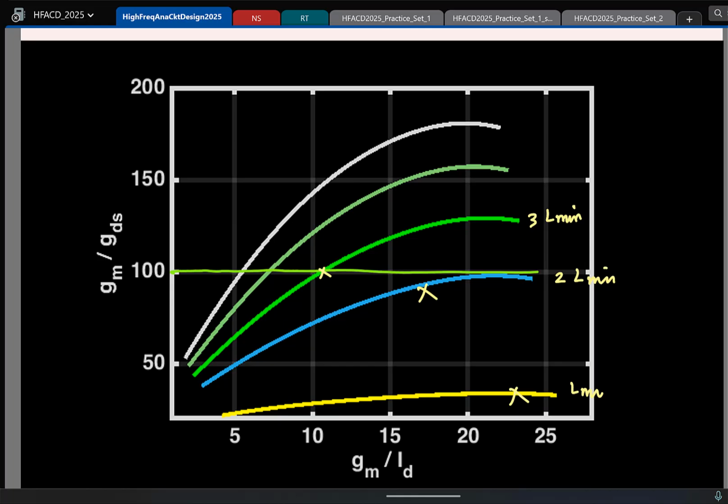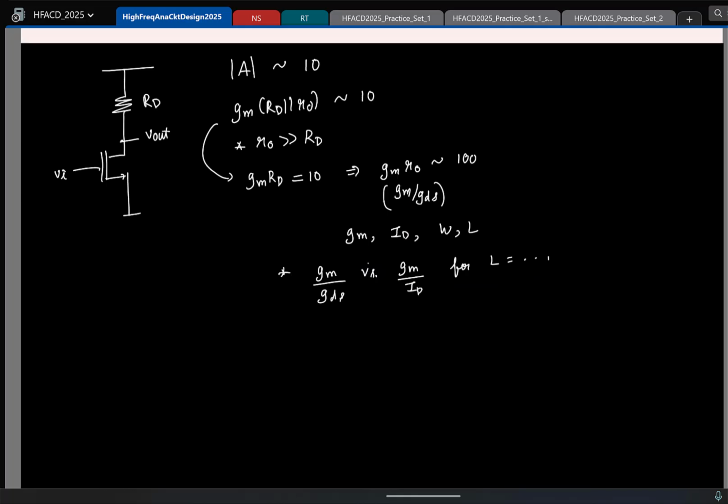So this tells you for this particular value of 100, the current density must be somewhere here, and I think that's about 10.8 or something. Let me mark it here.